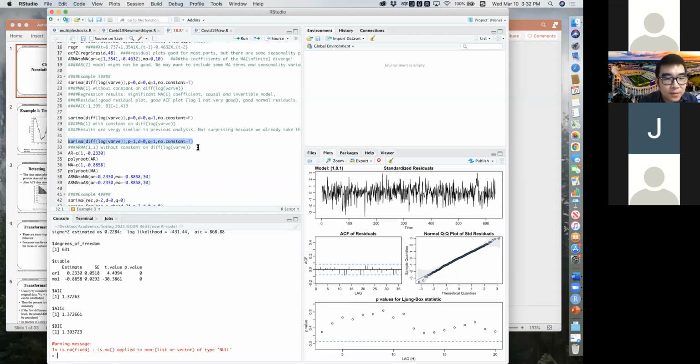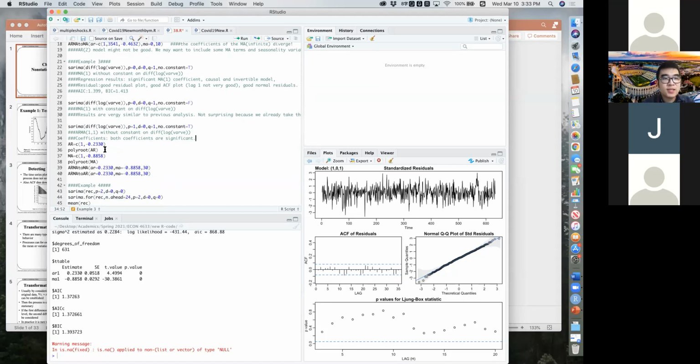Okay, a couple of things. We first see that both coefficients are significant, both AR and MA.